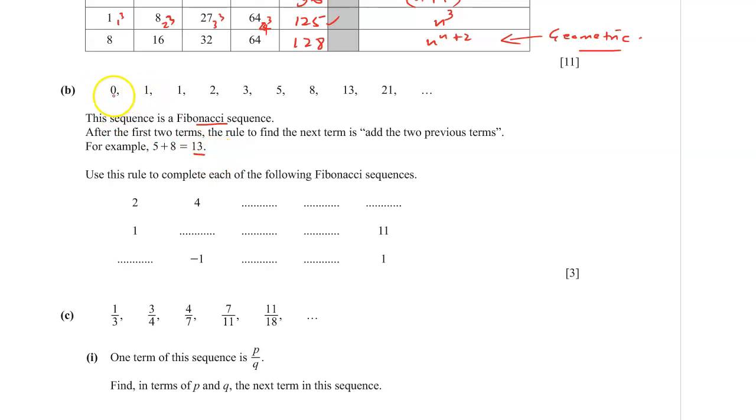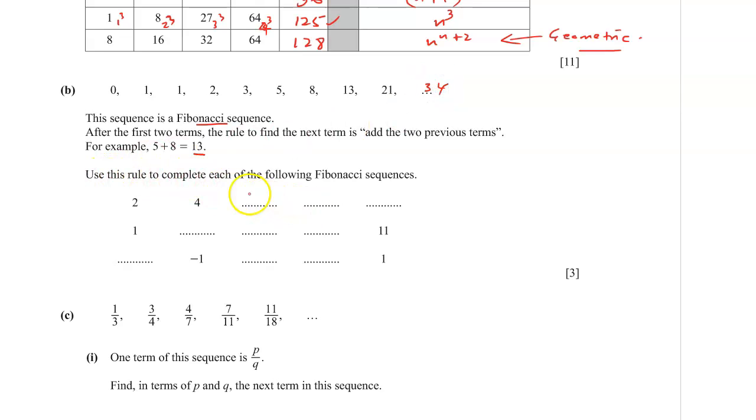So 0 plus 1 gives you 1. 1 plus 1 gives you 2. 1 plus 2 gives you 3. 2 plus 3 gives you 5. 3 plus 5 gives you 8. 5 plus 8 gives you 13. 8 plus 13 gives you 21. 13 plus 21 gives you 34.